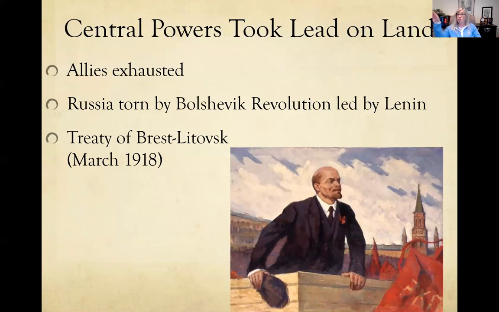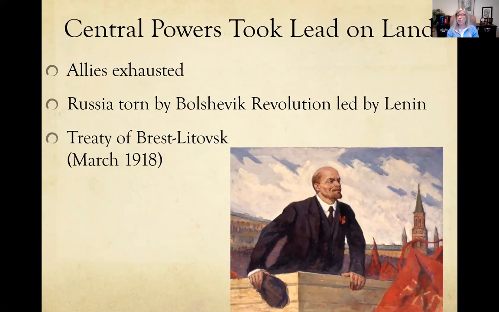The Bolshevik Revolution breaks out in Russia, and the Tsar is going to be overthrown. This is when Nicholas and Alexandra are taken and executed, and Vladimir Lenin comes to power, leading the Bolsheviks.